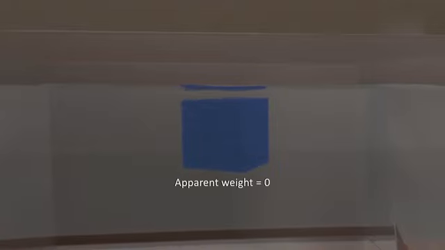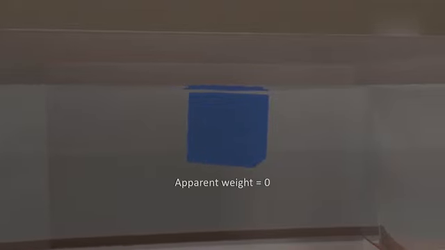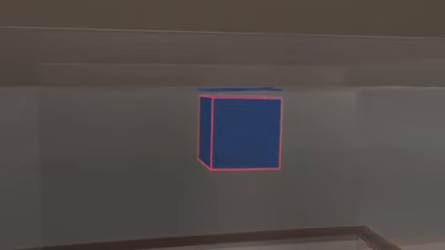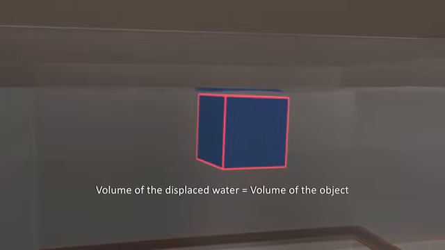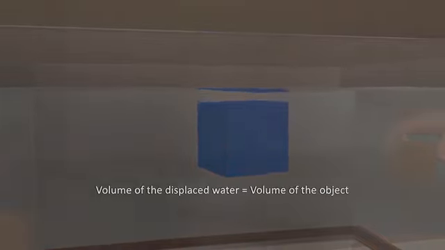It floats just below the surface of the liquid, and its apparent weight is zero. The object is said to be in a weightless condition. In this case, the volume of the displaced water is equal to the volume of the object.